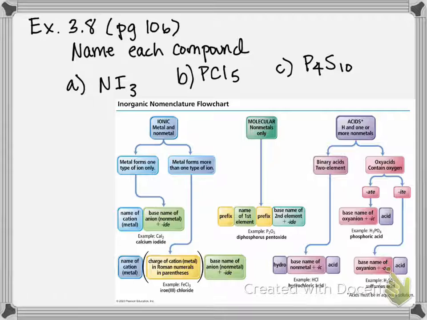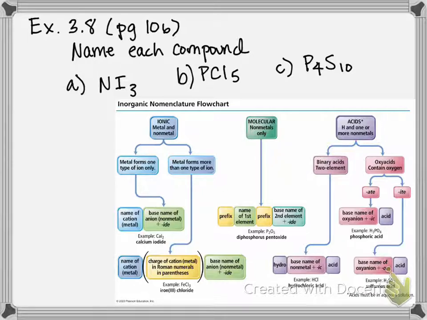So molecular compounds, I think, are some of the easiest compounds to name. Basically, you determine how many of each type of element are present when naming by putting a prefix in front of them.